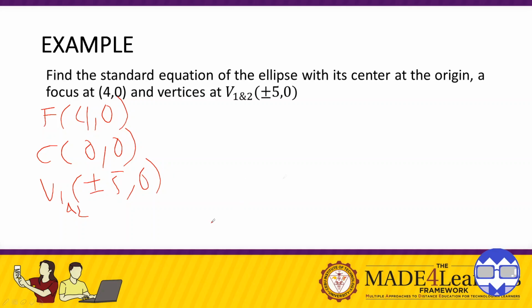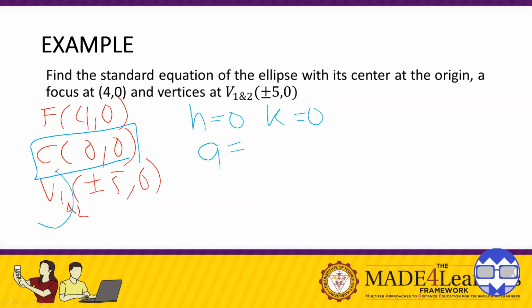For h and k, our h is simply 0 and our k is also 0, because again the center is just (0, 0). Our a depends on the vertices, V1 and V2, which are plus or minus 5.